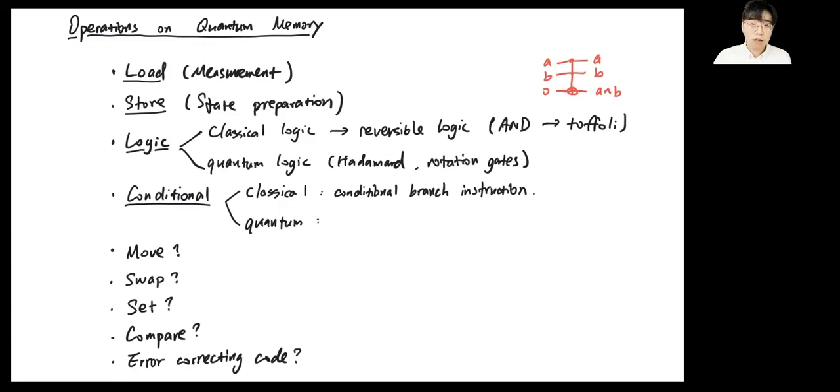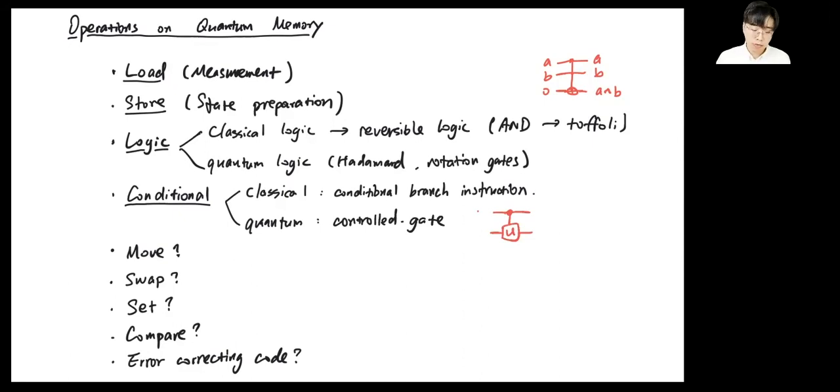There's also a quantum conditional, in other words, a controlled quantum gate, where the execution of a transformation U is conditioned on one of the qubits being in the state 1.